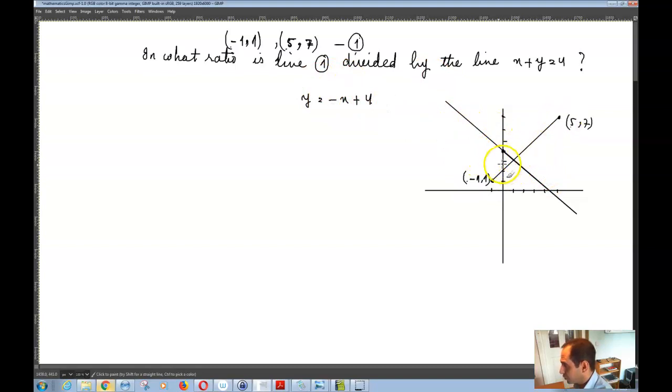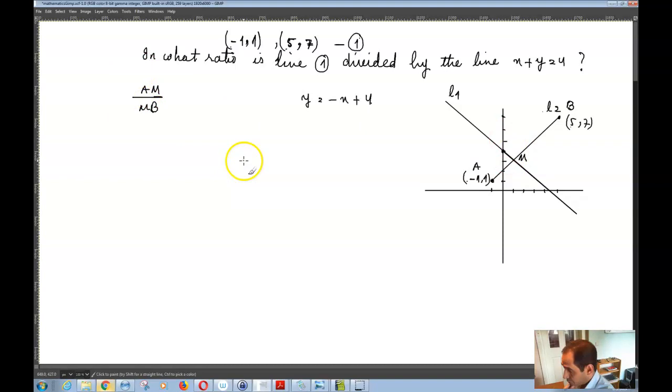So now you want to know in what ratio is this line, let's call it L2, divided by L1. If I call these points, for example, A and B and M, you want to calculate the ratio AM to MB.